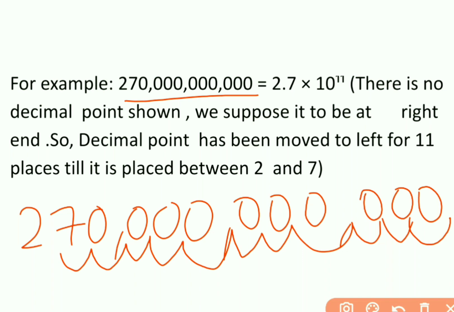Student, you will see that we will move the decimal point to the left side for 11 places till it is placed between 2 and 7, and so we will get a decimal number between 1.0 and 10.0. And so the standard form of 2700 crore is 2.7 into 10 raised to the power 11. Here 11 is the number of places moved.